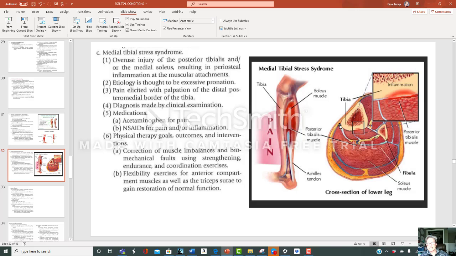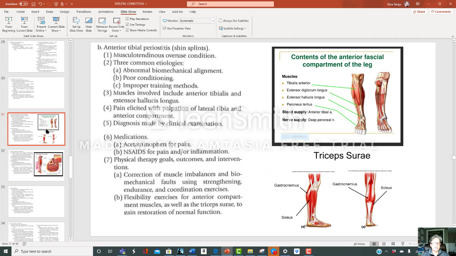Etiology is thought to be excessive pronation. The physical therapy goals and interventions would be flexibility exercises for the anterior compartment as well as the triceps. So basically the same here as the anterior tibial periostitis.